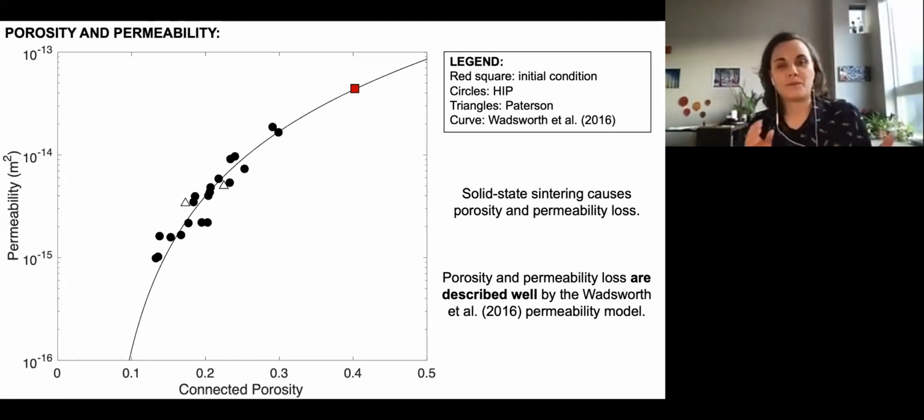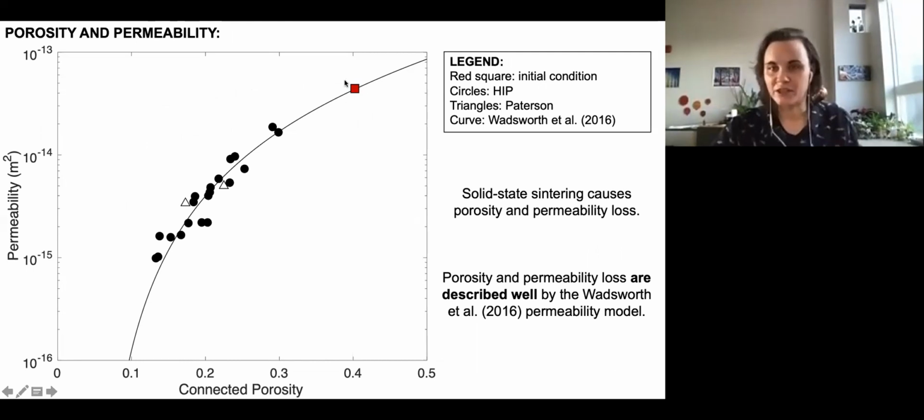I have here the measured connected porosity and permeability of my experimental products, as well as an estimated initial porosity and permeability of the starting material, the gouge. And what you can see is there's a reduction in connected porosity by up to 0.3 and a reduction in permeability by almost 2 orders of magnitude as a result of solid state sintering. You can see on here a curve. This curve actually isn't fit to the data.